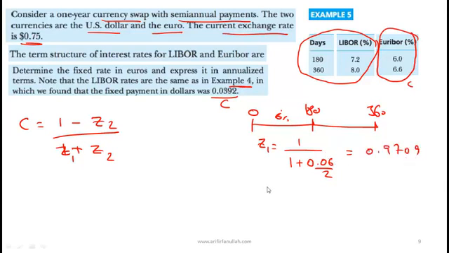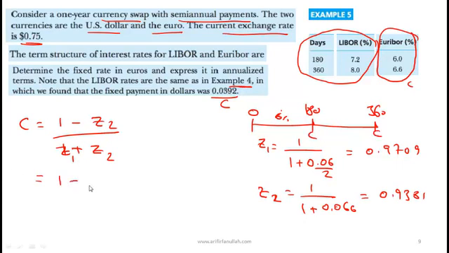And Z2 is equal to 1 over (1 plus 0.066), with 360 over 360 since that's 1 year out, and that is equal to 0.9381.